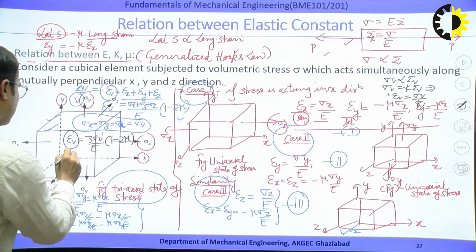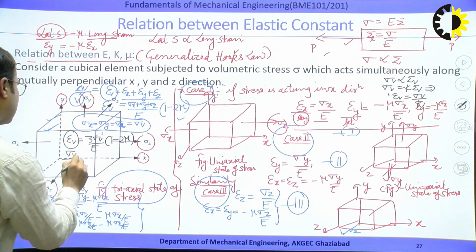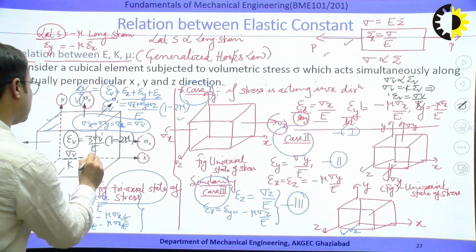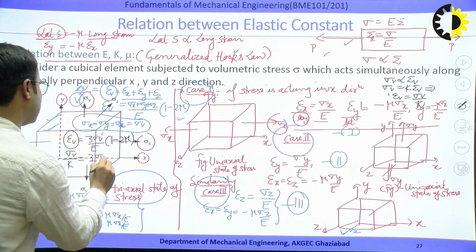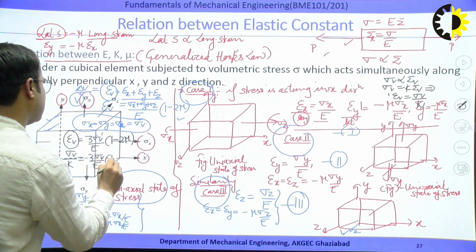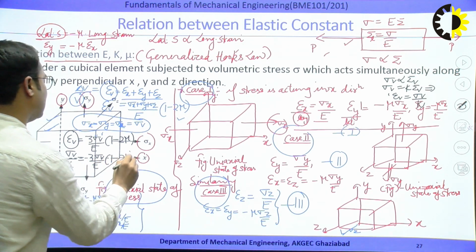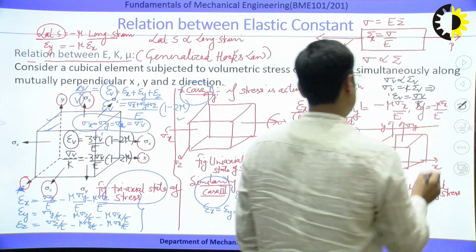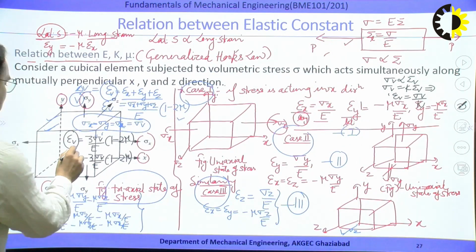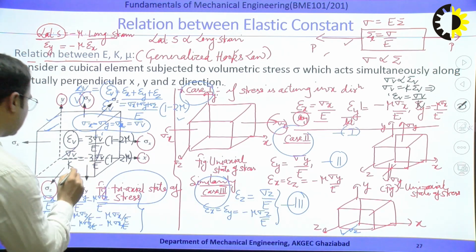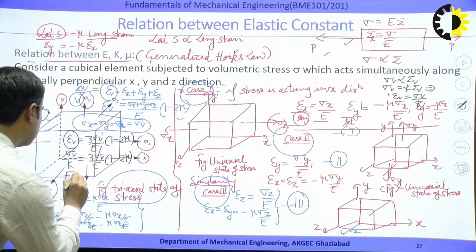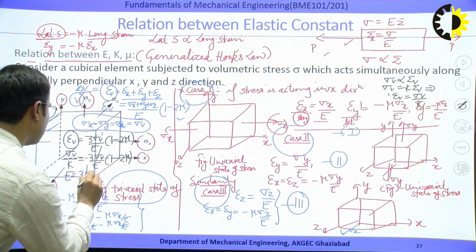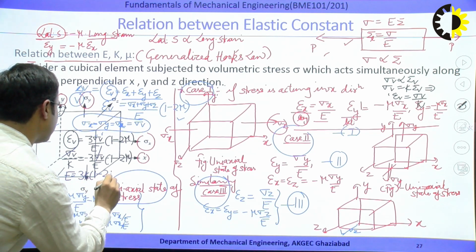So if we put this formula, sigma b by K is equal to 3 sigma b by E, 1 minus 2 mu. What will we get? The sigma b cancels out on both sides. This will become E is equal to 3K, 1 minus 2 mu.